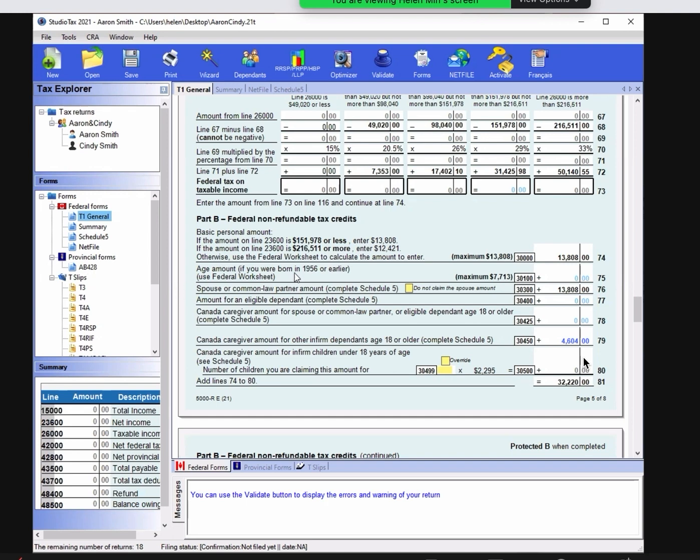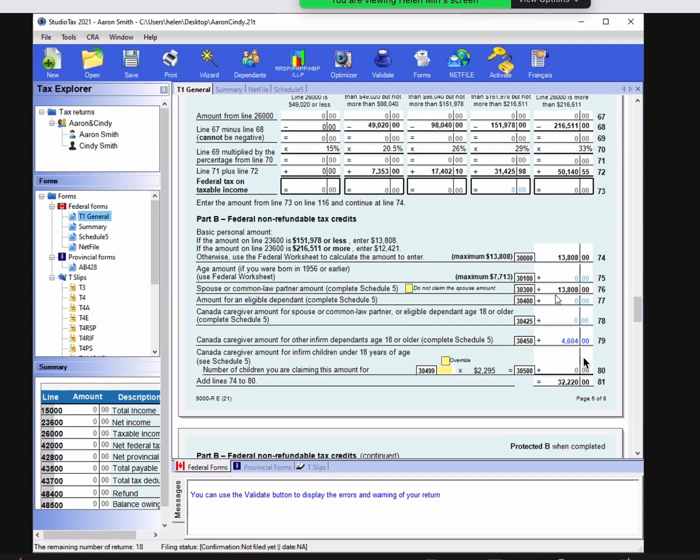So for the age amount, in 2021 you must be born in 1956 or earlier, which makes you 65 years old, and then you get this amount. Line 76 is the spousal and common law partner amount.